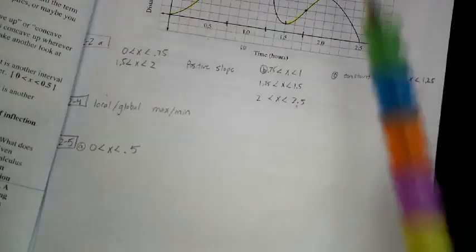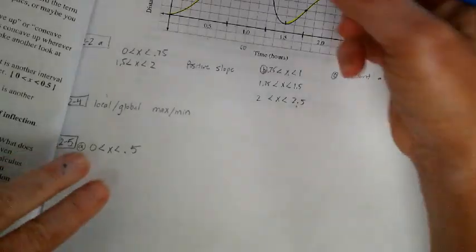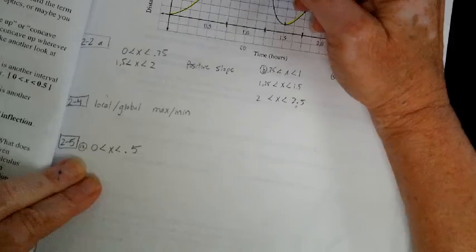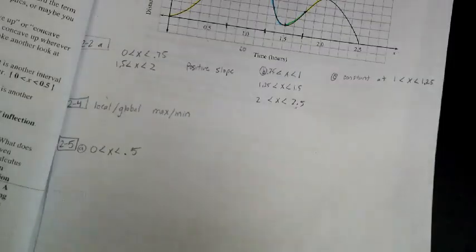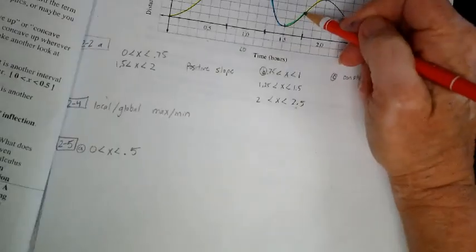So I'm going to get this blue pen and look where I think something is concave up. So maybe this is concave up. And you have to just make a judgment call on when does it stop being concave up and start being concave down.